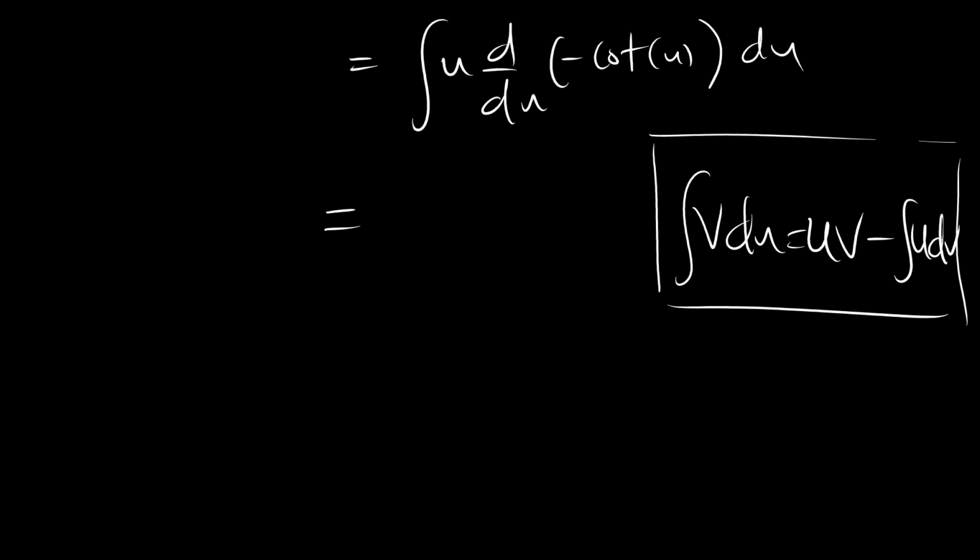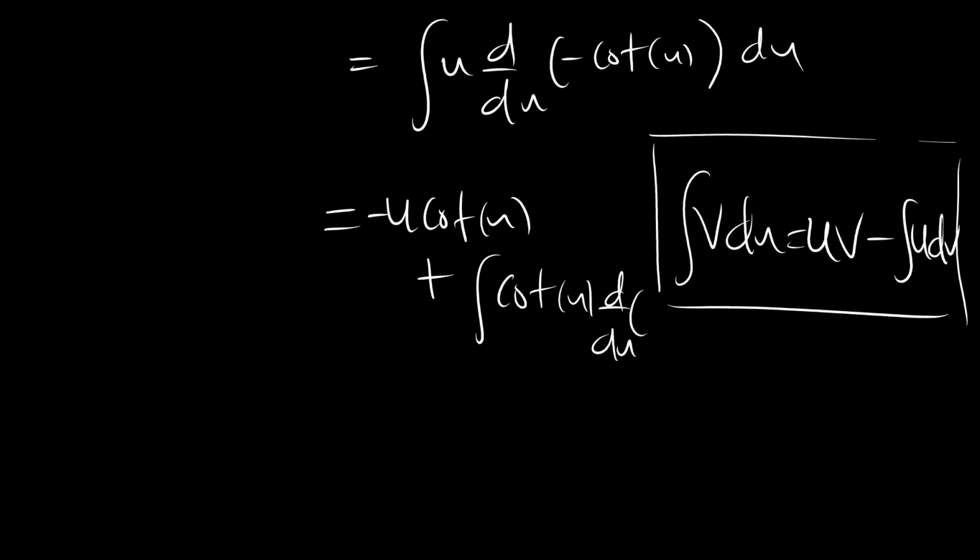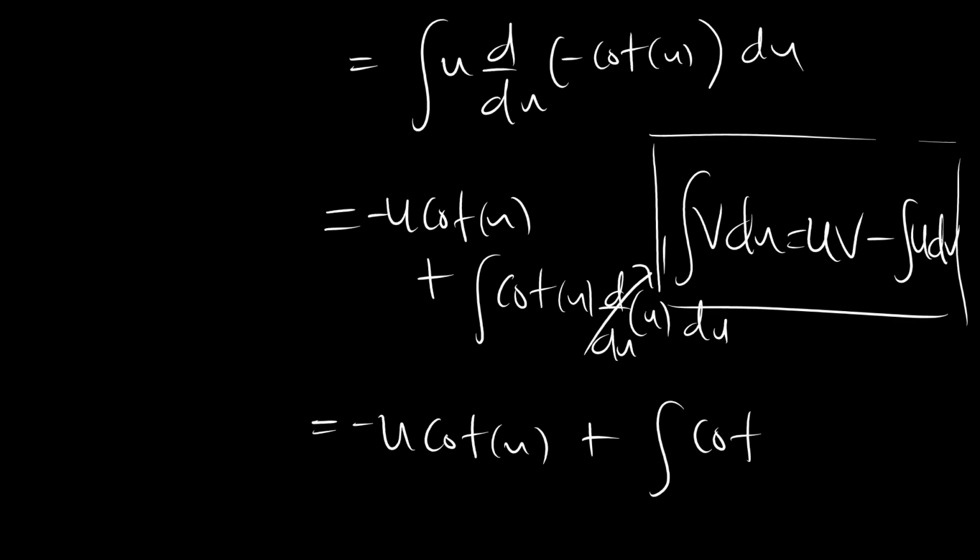And so this becomes negative u cotangent of u plus the integral of cotangent of u times the derivative of u du, which goes to 1. So we have negative u cotangent of u plus the integral of cotangent of u.